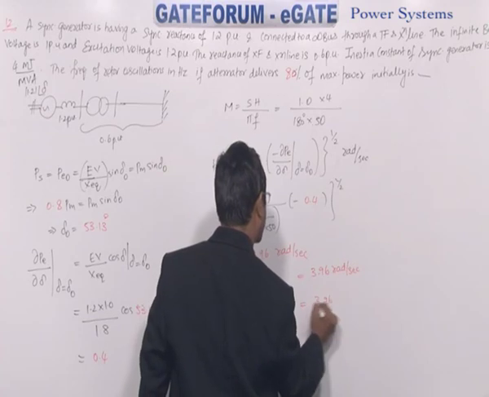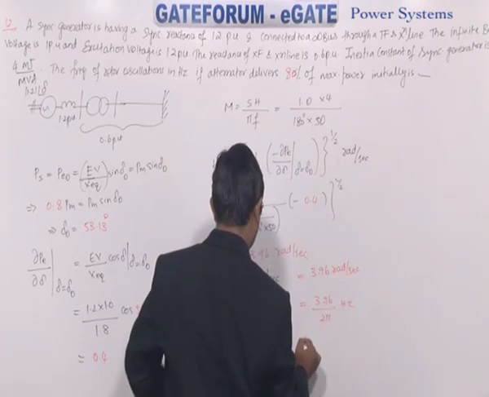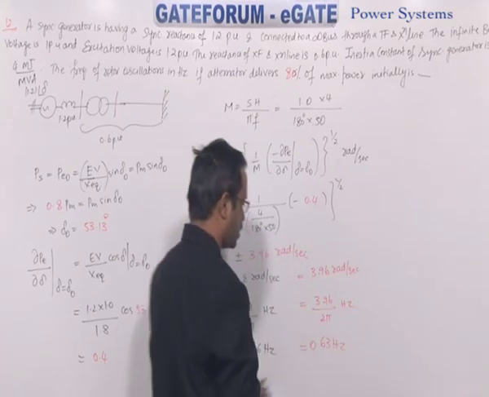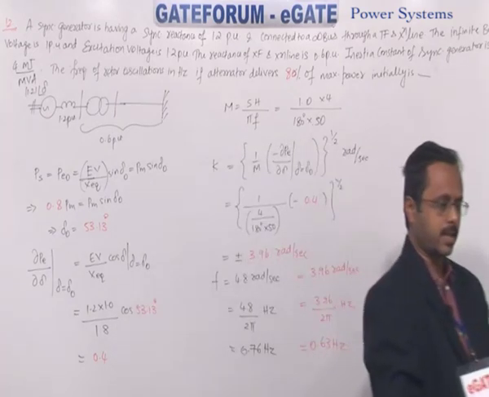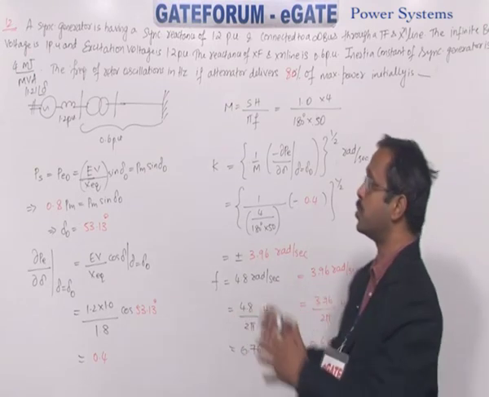How to convert this to hertz? Divide with 2 pi. How much do you get? 0.63 hertz. So what do you conclude from these two questions?